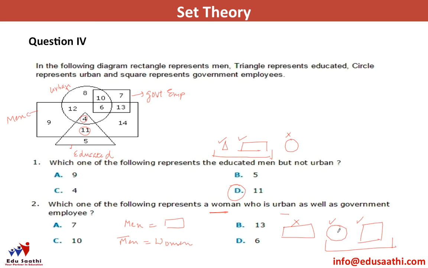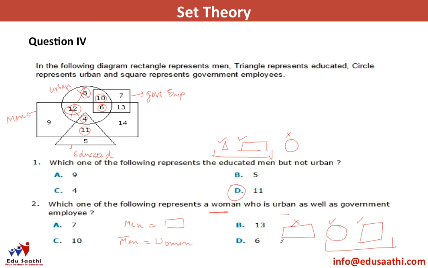What are the numbers which are inside the circle as well as the square? I have 8, I have 10, I have 6, and I have a 12 here. Sorry, 8 and 12 will not figure out because they are not inside the square. So only 10 and 6 figure out.